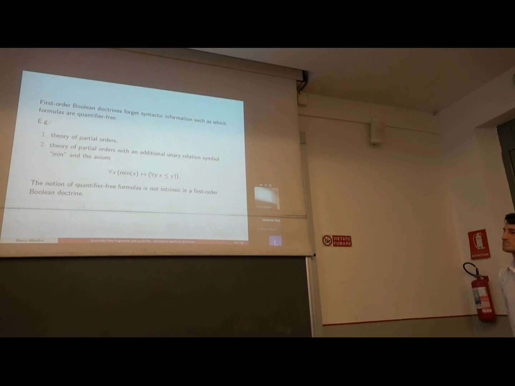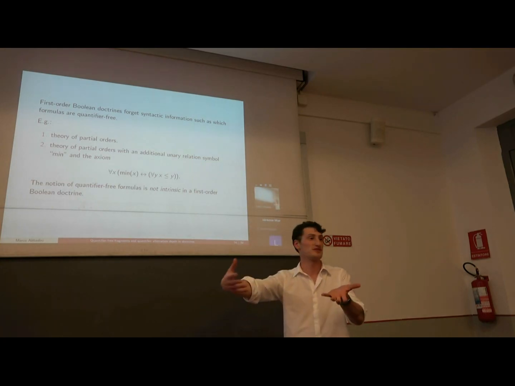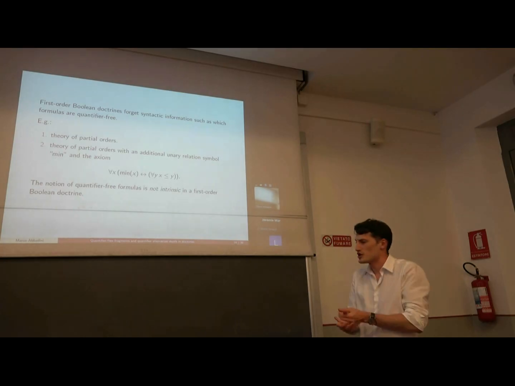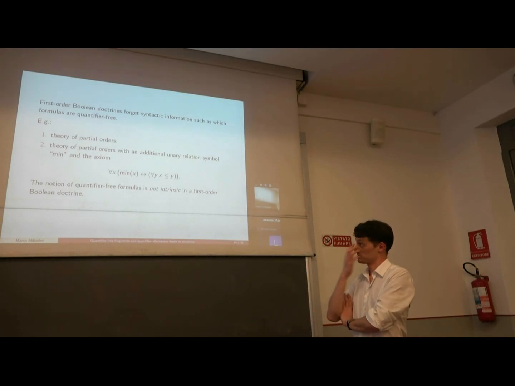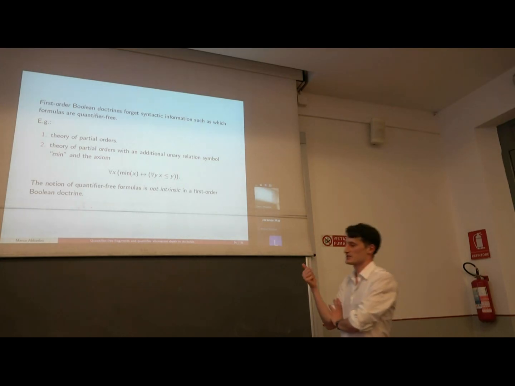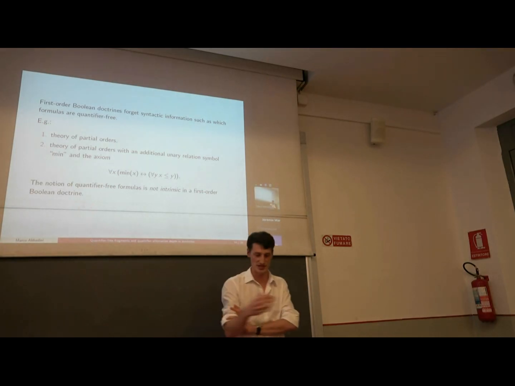Okay. But as I said at the beginning, the algebras lose some syntactic information. So, for example, we don't know anymore which formulas are quantifier-free. For example, take these two different theories. First example, take the theory of partial orders in the usual signature.